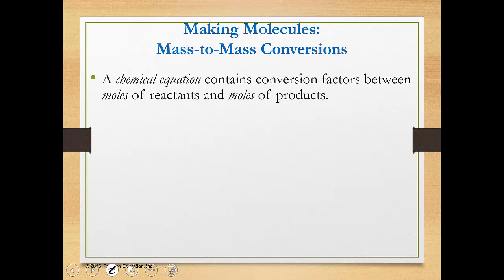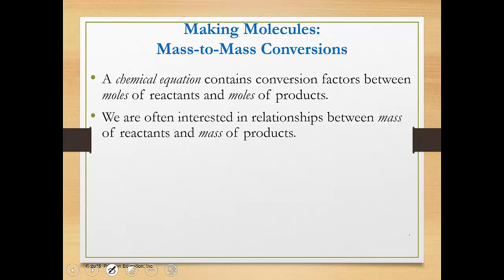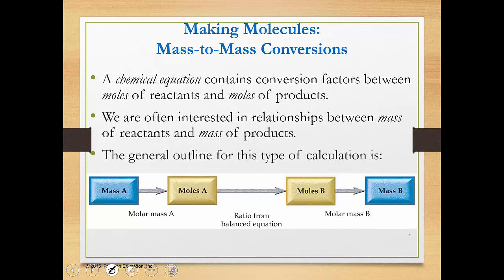These are the ones you really need to become proficient in because you'll be going back and forth with these all the time. So the chemical equation has our conversion factors in terms of mole to mole, but we want to know mass to mass. So here's the outline. Here's what we're going to do.